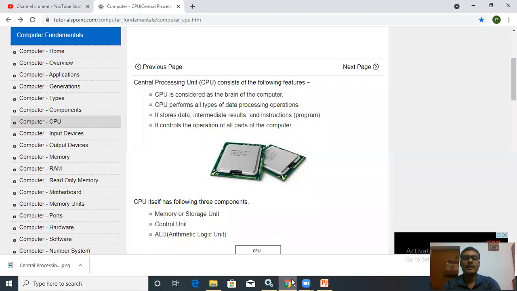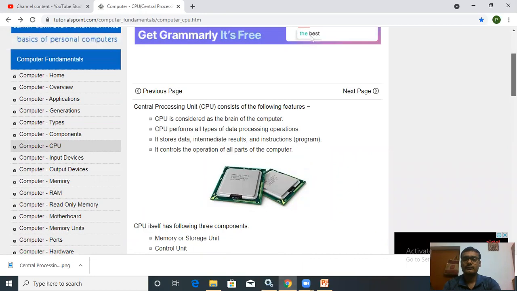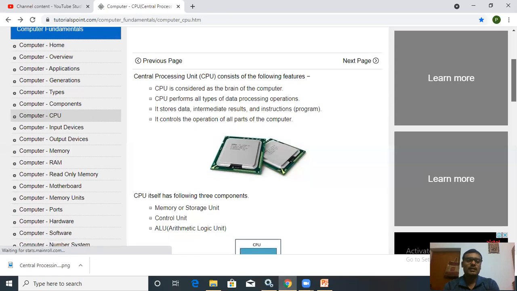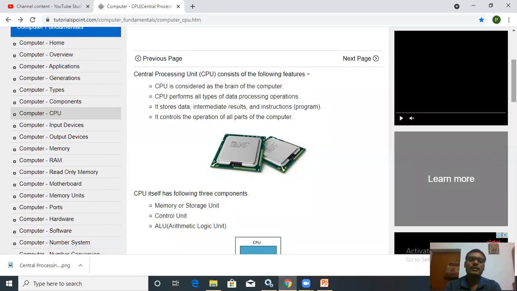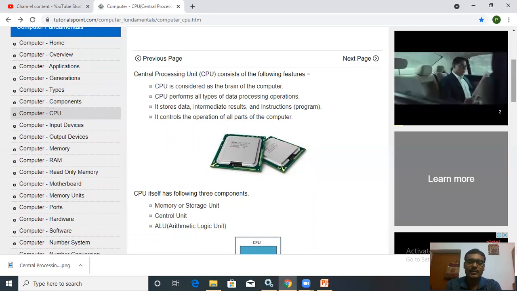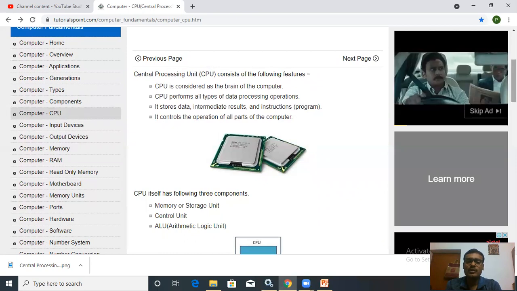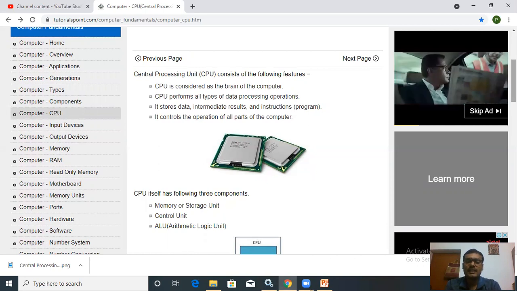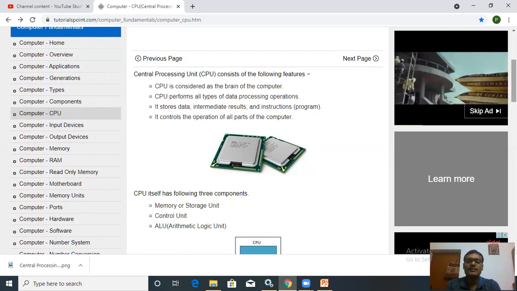Now let us have a look here. The central processing unit, CPU, consists of the following features. First, CPU is considered the brain of the computer. Second, CPU performs all types of data processing operations. Third, it stores data, intermediate results, and instructions.